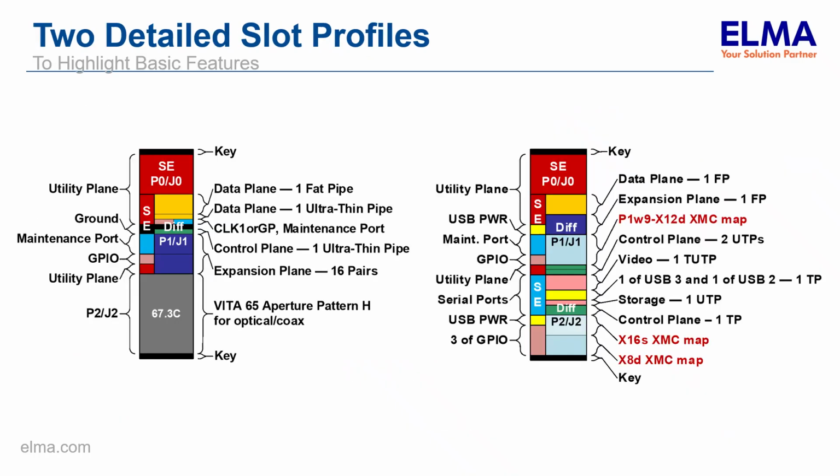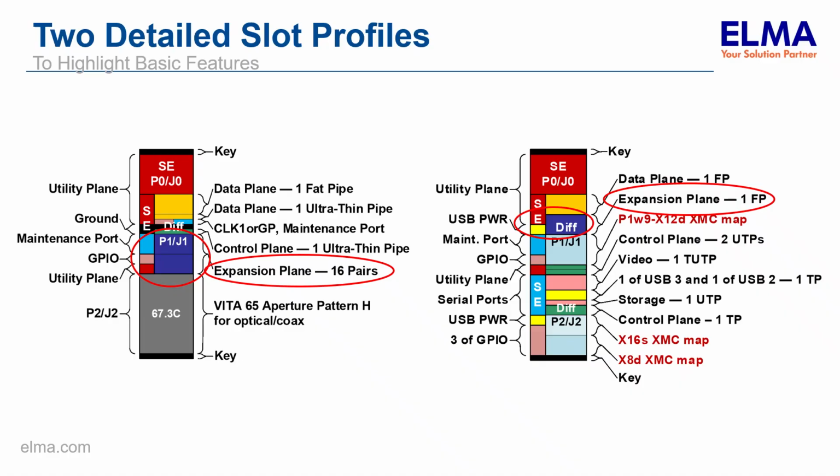Taking a slide from our first video, we see the details of 2 3U SOSA slot profiles. Remember from that video that we have 3 critical communications planes defined: the data plane, the control plane, and the expansion plane. However, this does not describe what communications technologies or protocols are implemented on these pins.